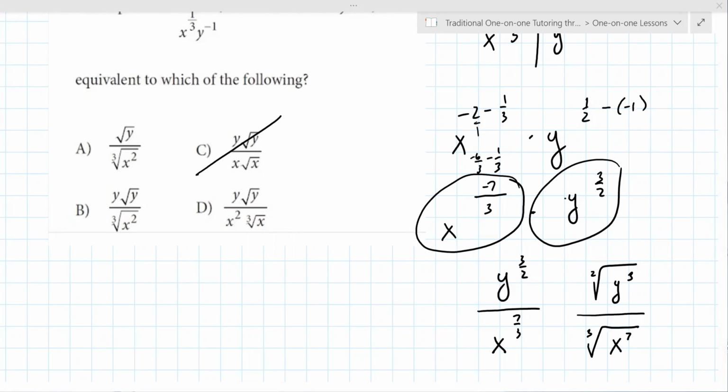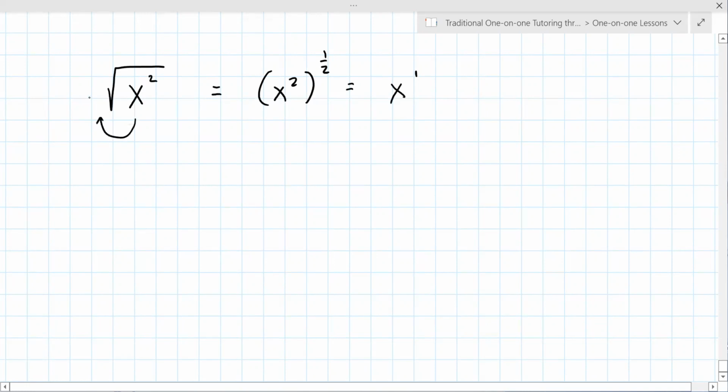Let me do this real quick over here. Let's say you have x squared square rooted. We'll come back to that problem. This is the same as x squared to the power of 1/2. What is 1/2 times 2? It's 1. So notice how the x comes out.